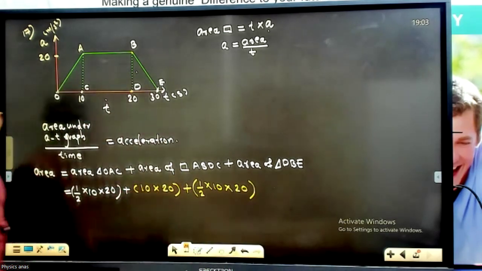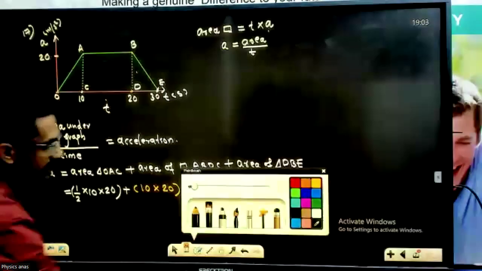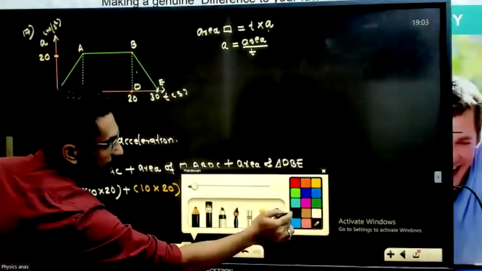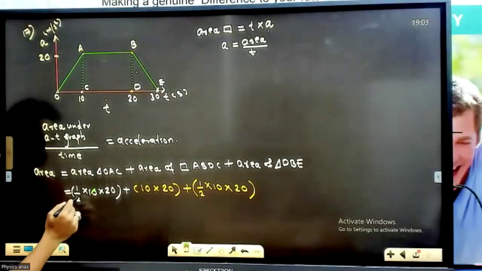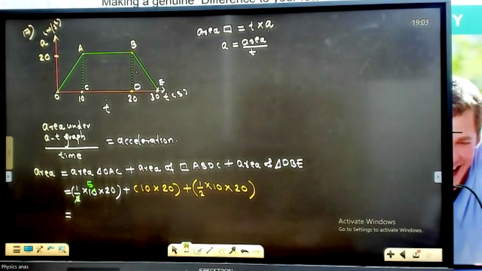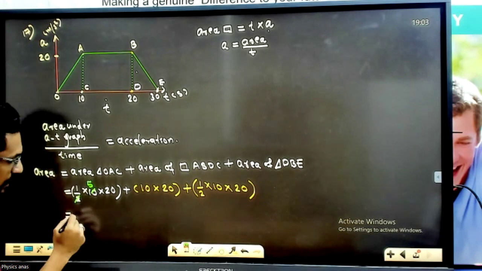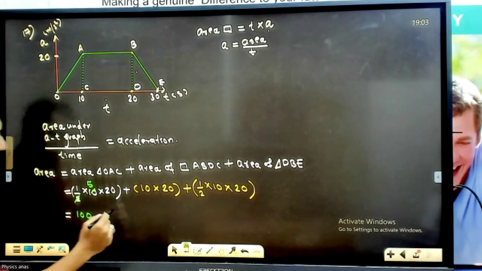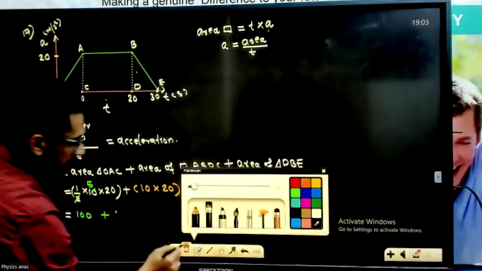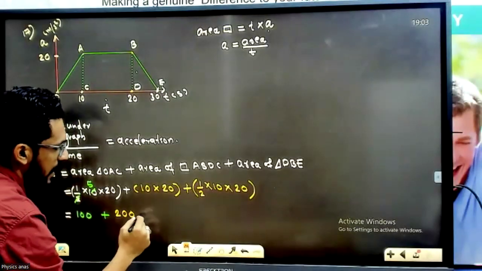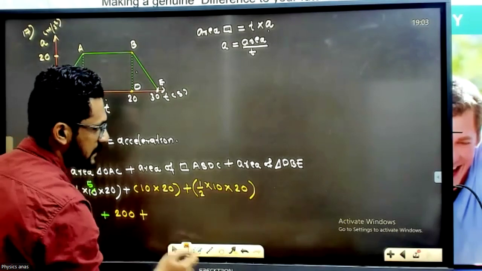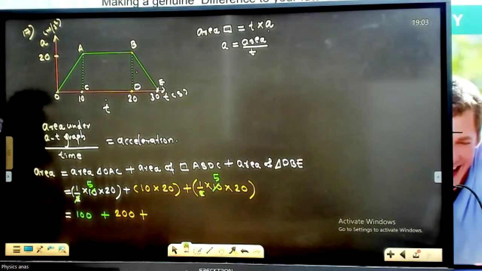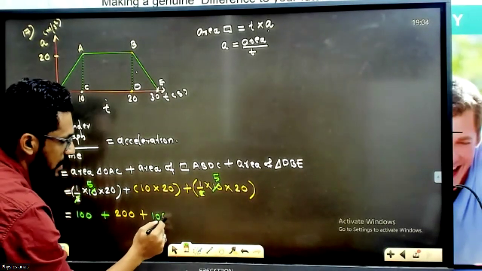Now let's find this. This 10 can be cut with this 2, and you will have 5. 5 into 20 will be 100, plus 10 into 20, that will be 200, plus this 10 and 2 can be cut with 5, so 5 into 20 is 100 again.